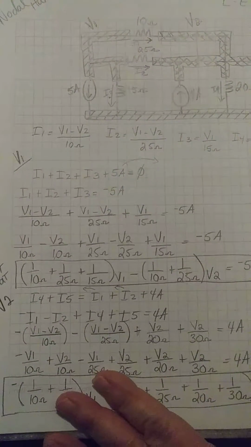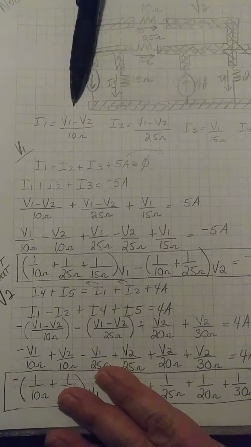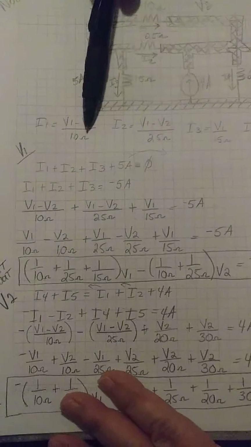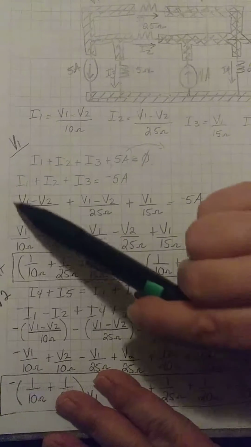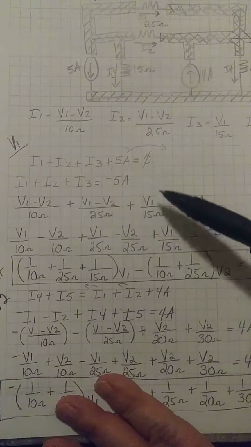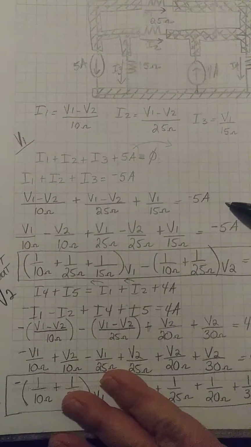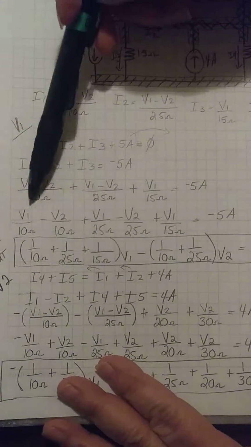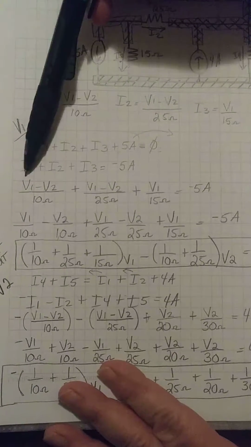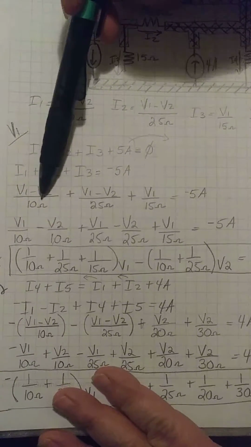What we do now is substitute what we've defined. (V1 minus V2) over 10 ohms is I1. So all we're basically doing is substituting into I1 plus I2 plus I3 equals negative 5 amps. Once we do that, then we just separate it. Right here, this one's separated from here: V1 over 10 minus V2 over 10.